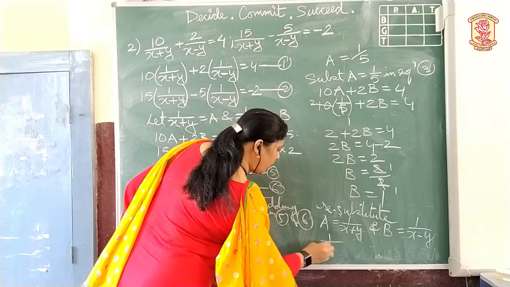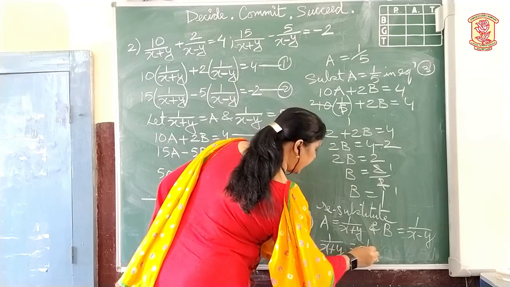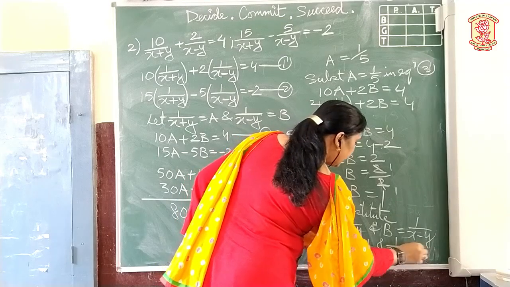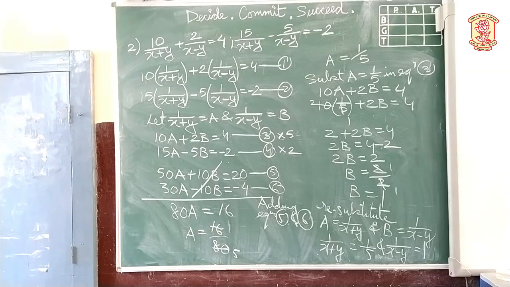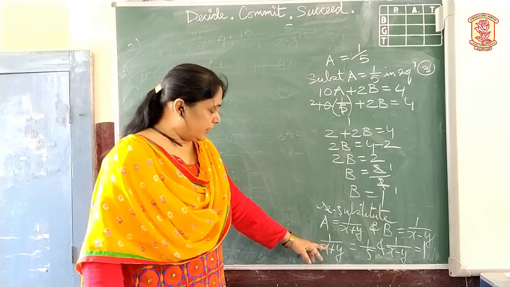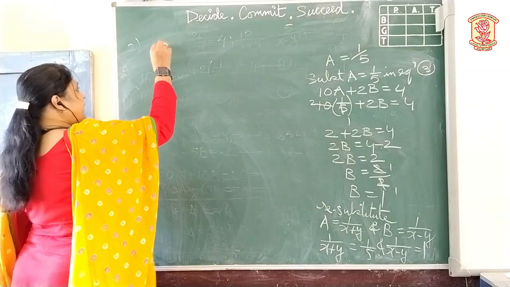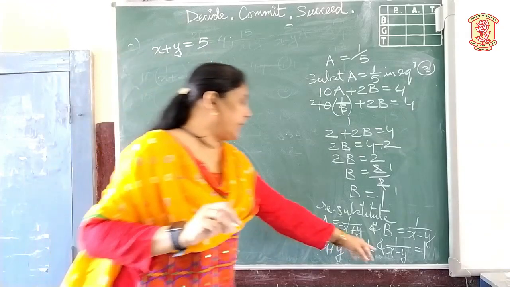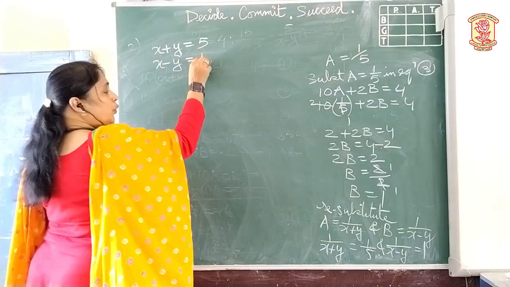So we get 1 upon x plus y equals 1 upon 5 and 1 upon x minus y equals 1. Now cross multiplying, we get x plus y equals 5 and here we get x minus y equals 1.